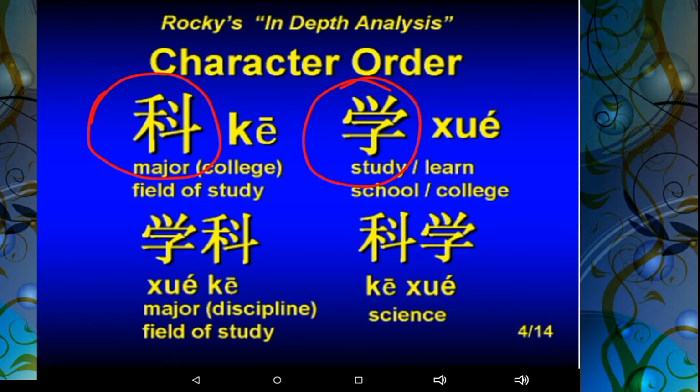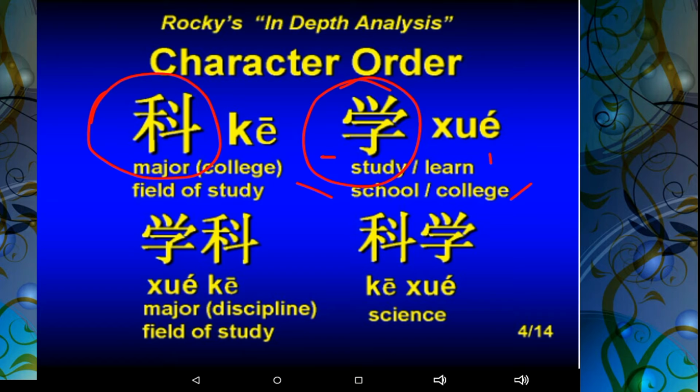Now, 科, as I already have learned, is a major in college, a field of study. But this one you will see quite a bit, especially if you're walking around campus, because it means to study, and it means to learn, and it can even mean the school or college, okay?